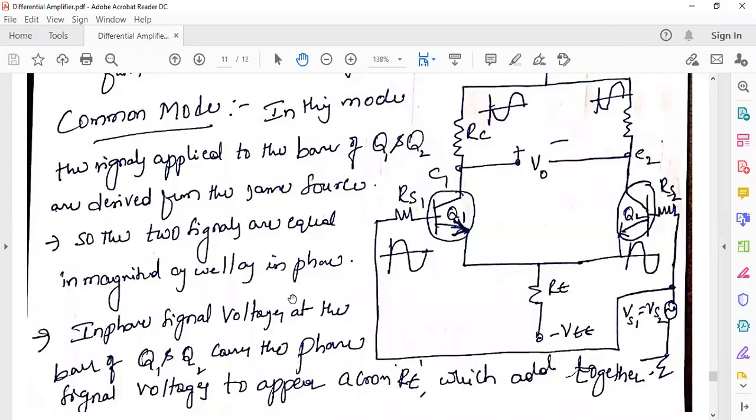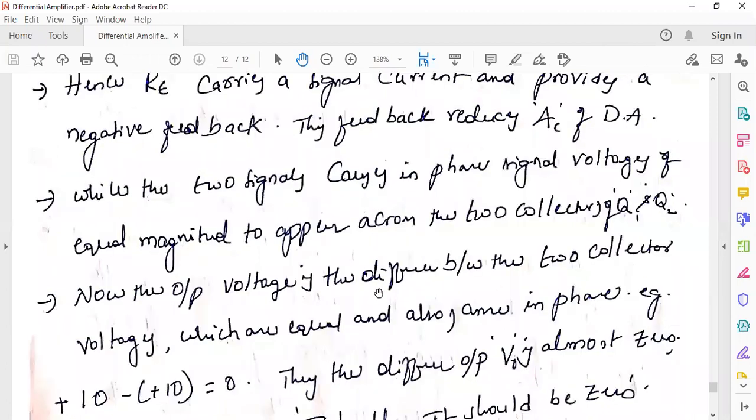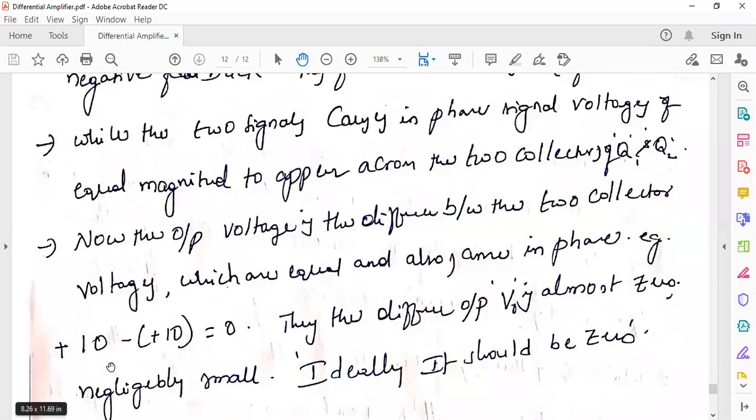Now the output voltage is the difference between two collector voltages which are equal and also in phase. రెండు ఒకటే phase లో ఉన్నాయి. So if you subtract these voltages, plus 10 minus of plus 10, which is 0, or minus 10 minus of minus 10, which is also 0, ఏదైనా పర్లేదు. plus 10 minus plus 10 అయినా 0 నే, minus 10 minus of minus 10 అయినా 0 నే.